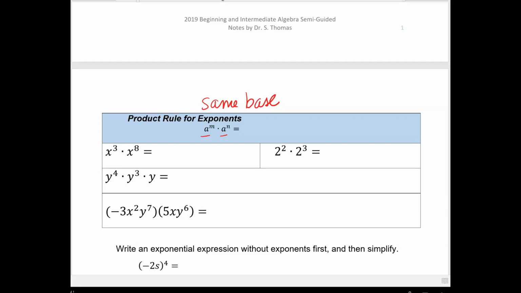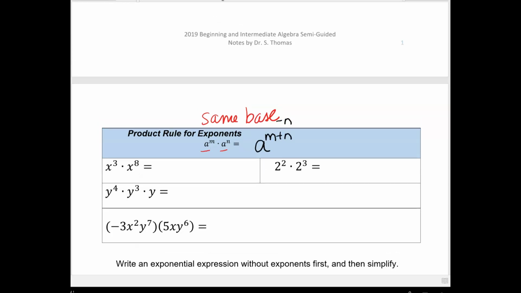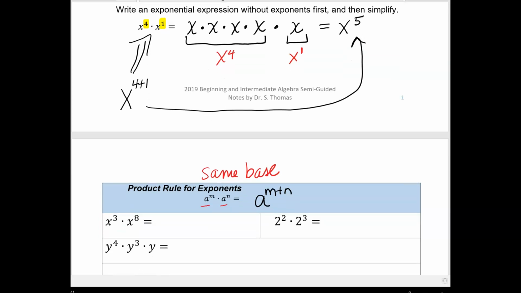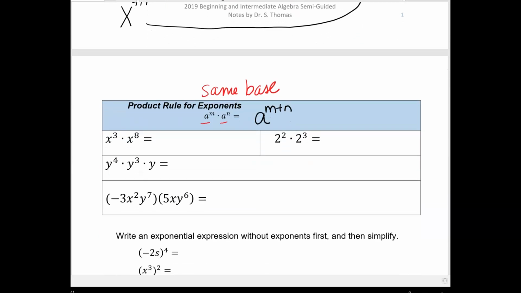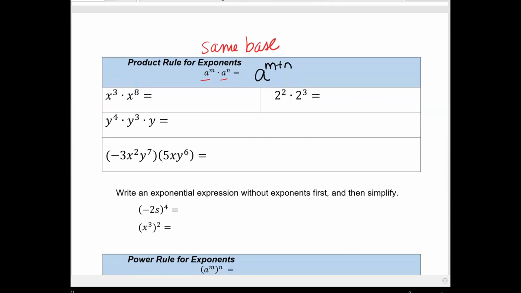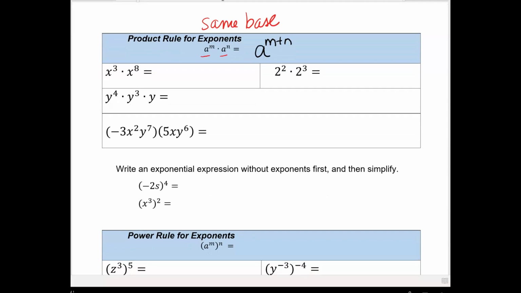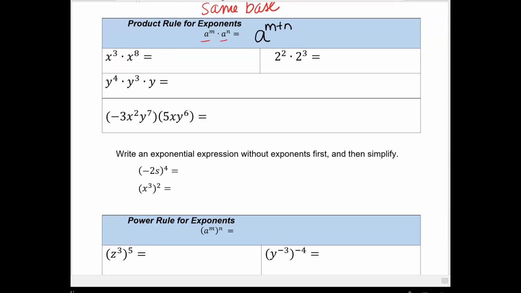So a to the m times a to the n equals a to the m plus n. Because notice again, up here, we added 4 plus 1 to get the x to the 5th power. So this is a rule you need to learn because it will make computing the math much simpler if you understand the rules.